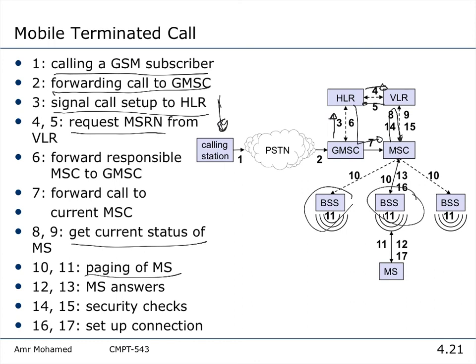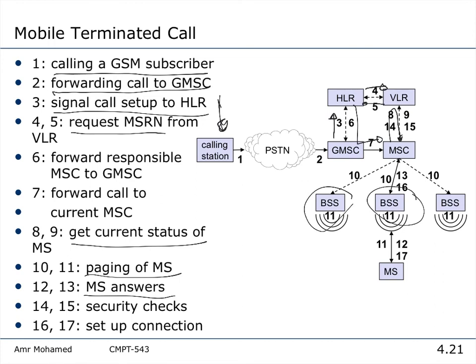So this paging is done in a broadcast fashion. The only way to find me is through broadcast. Within a location area, you do broadcast. And then the MS will answer. Then when I answer, I need to establish the communication.